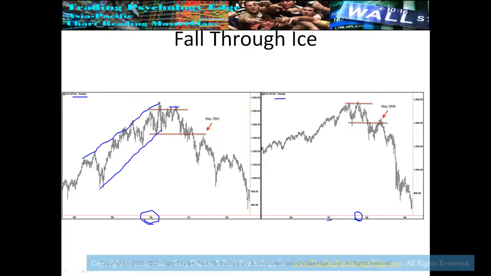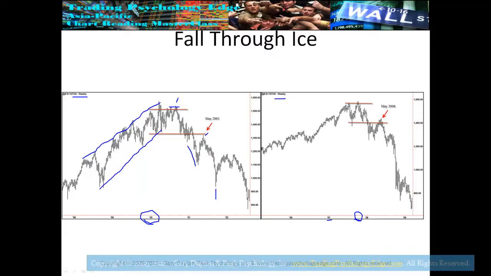We have the upthrust here after some distribution. We have a break through the ice. It took a while to get down there, but it broke the ice and came back up and had the bump against the head, and then bang, it comes down. Okay, and this September 11th was in here, well before 9/11.